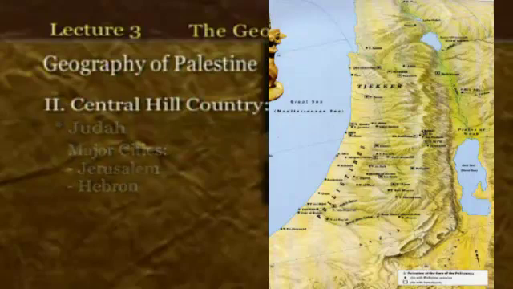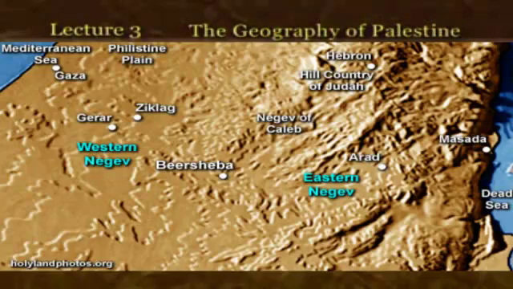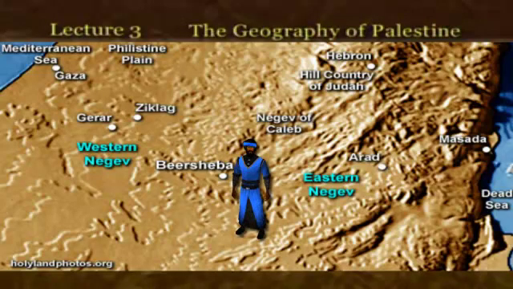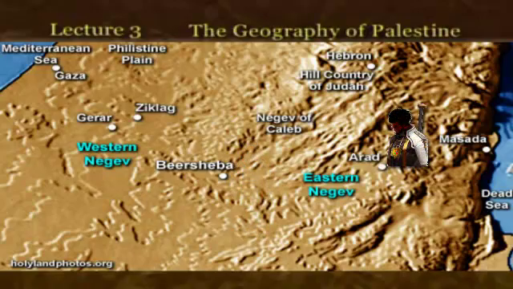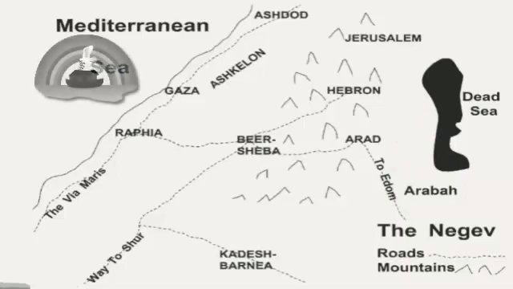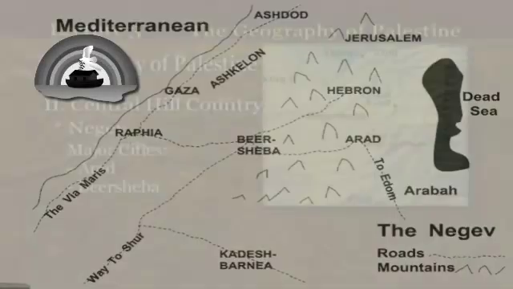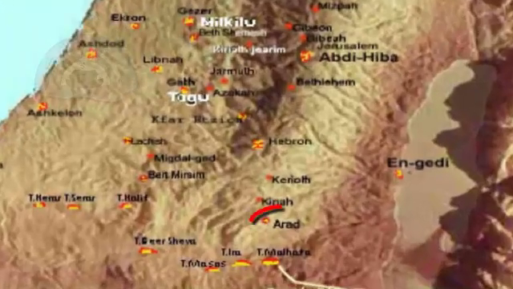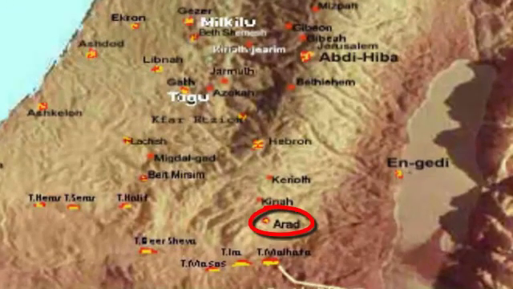And you move south from Judah and you run into the Negev. And there in the Negev you see major cities of Beersheba and Arad. And I probably am mistaken to say that Arad was a major city. It is a well-preserved fortress, and it guarded the Negev.